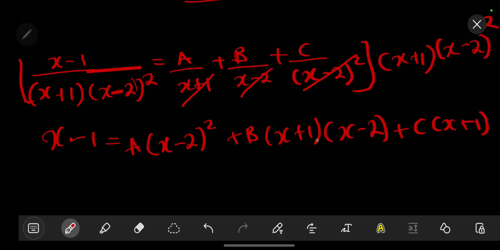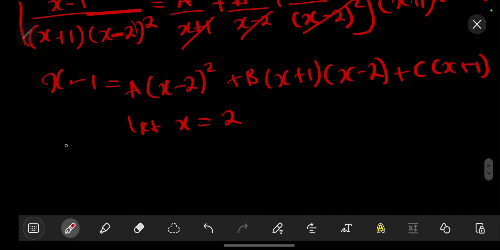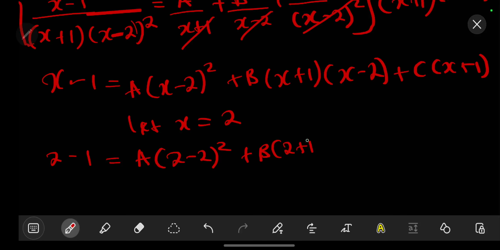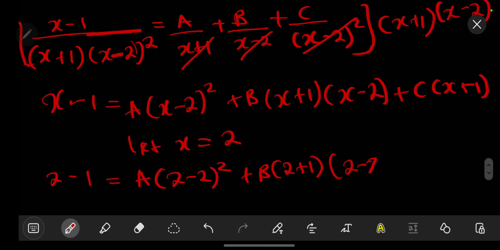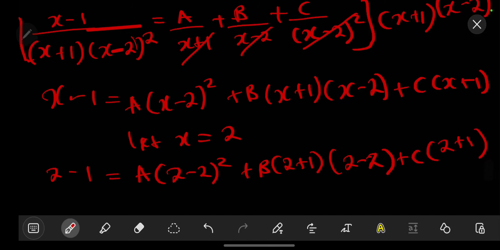We have the x minus 2 is common there, so we can say let x be equal to +2, so that we have 2 minus 1 should be equal to a, 2 minus 2 squared, then plus b, where x is 2 plus 1, then 2 minus 2, like that. Then plus c, where x is 2 plus 1, like that.